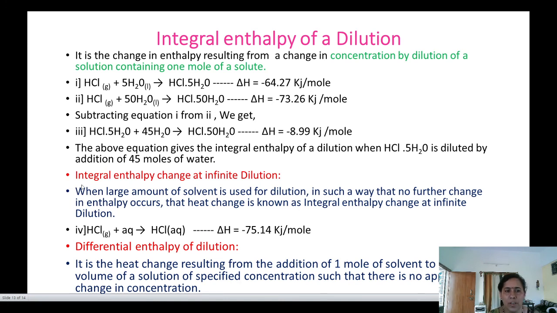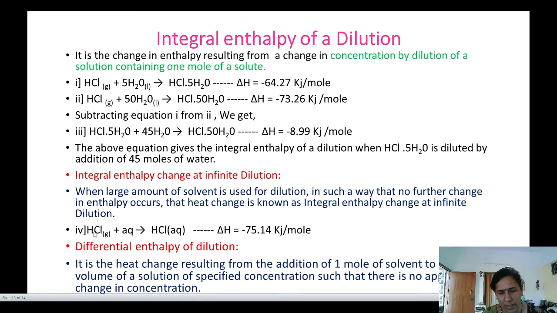Now we explain the integral enthalpy change at infinite dilution. Infinite means a very large amount of solvent is used for dilution, such that no further change in enthalpy can occur. That heat change is called the integral enthalpy change at infinite dilution.